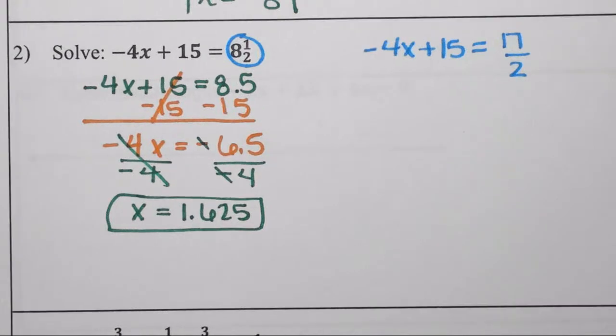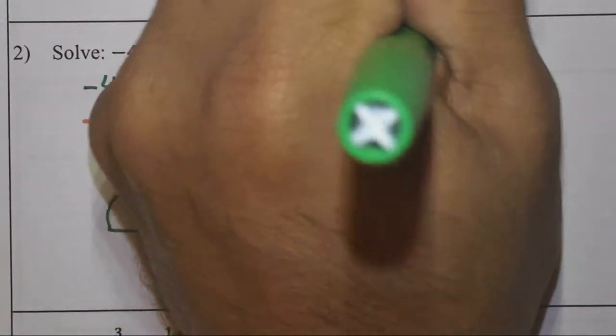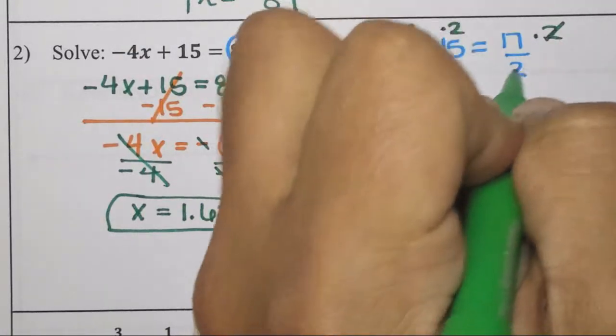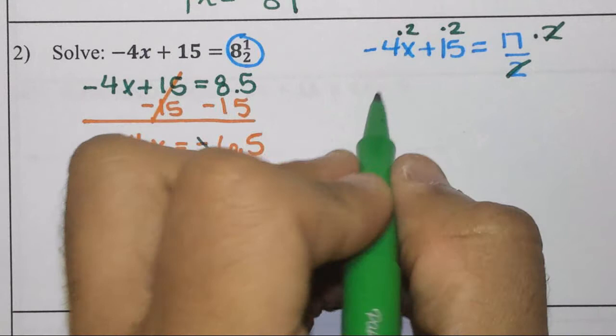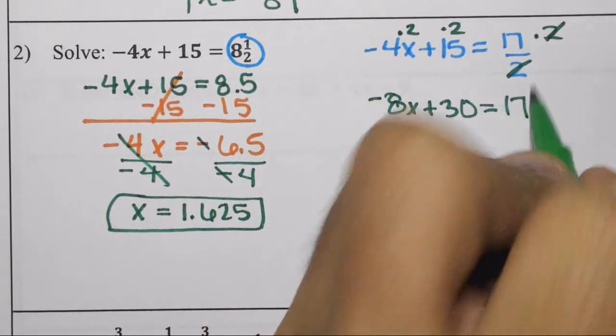So the only thing is that we have a denominator of 2. In order to get rid of it, I'm going to multiply everything by 2 to cancel this out. So I'm basically left with negative 8x plus 30 is equal to 17.